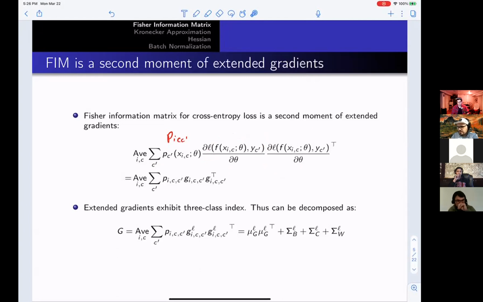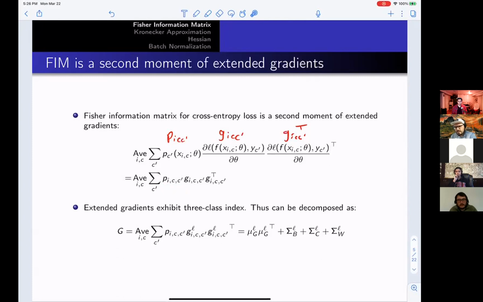Now, if you just use the notation that I introduced, which is G_{ic c'} transpose, then you get this expression. So it's some type of a second moment matrix, right? It's a second moment matrix because you get a sum of a bunch of outer products and you have weights. And the weights are just some type of probabilities of softmax.